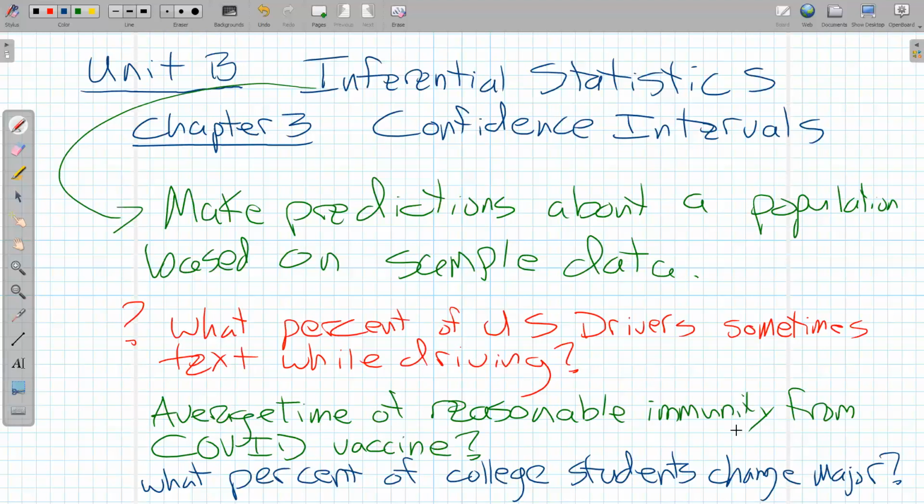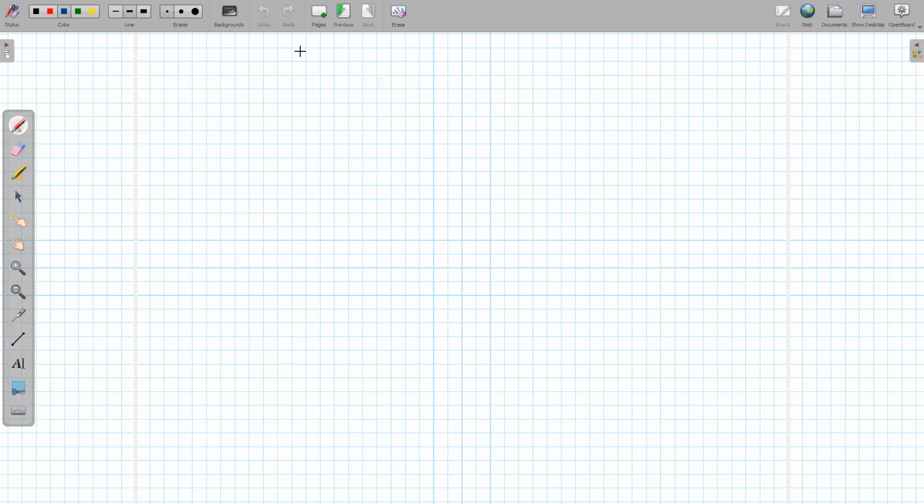The question that we can ask about data like that and projecting from the sample to the population is what inferential statistics is about. And also inferential statistics is about testing ideas we think we have. So for example, something we might test is: is human body temperature really around 98.6 on average?